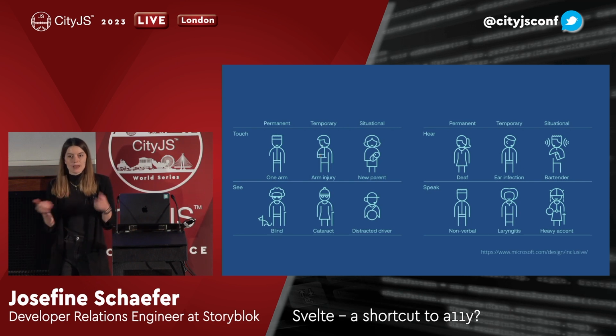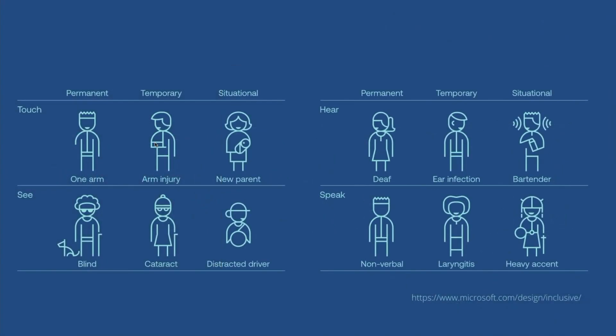That could be maybe you are on the tube and you don't want to turn up the sound, so you rely on captions, or you're outside and the sun is shining on your screen, so you can't really see and you need higher color contrast, right? And there are so many cases in which web accessibility is going to make all of our user experience a lot better.